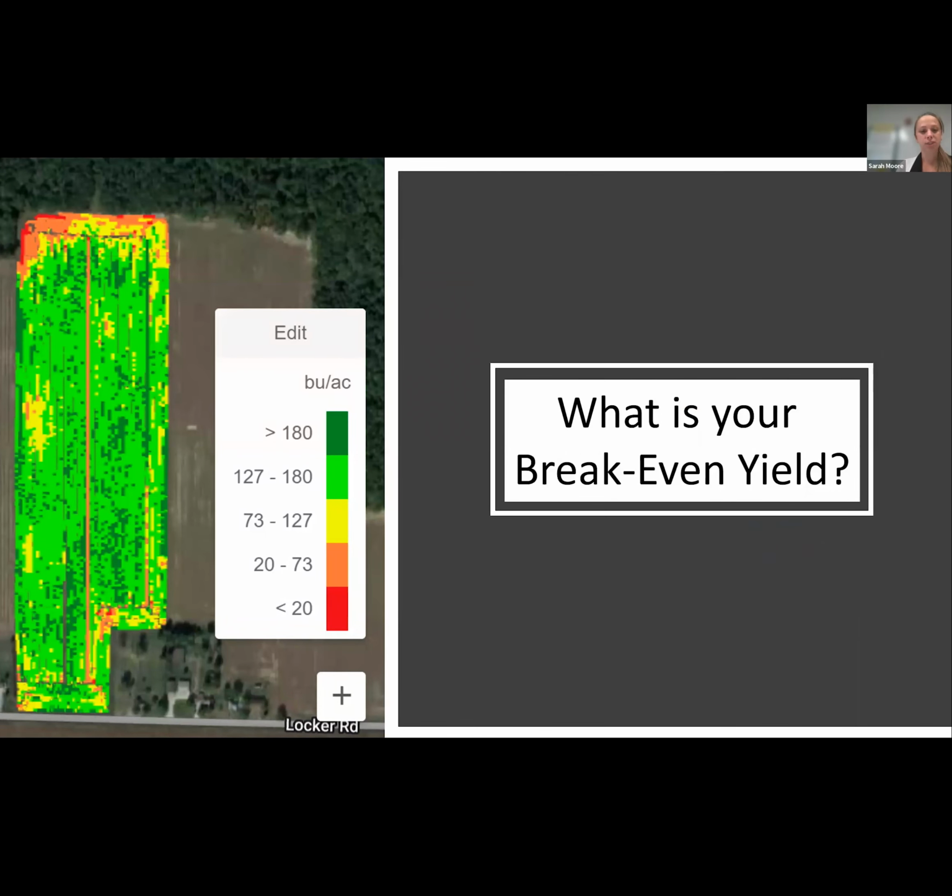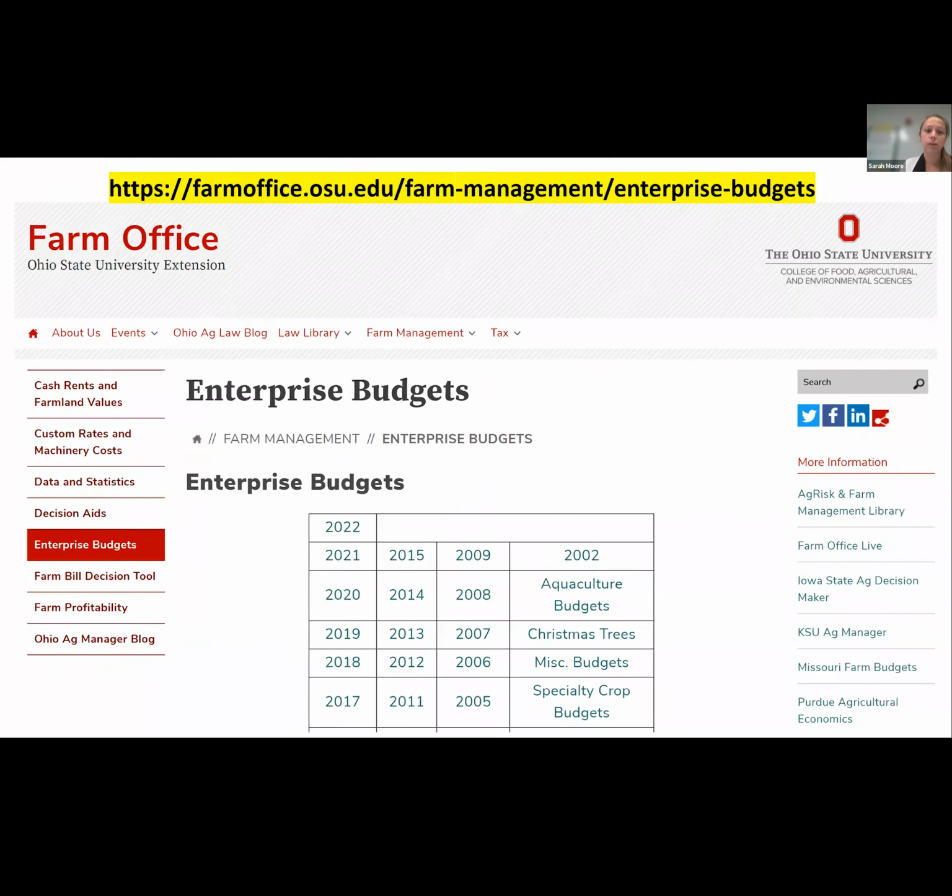So when we're first getting started, if you have any sort of yield data, you can get this really pretty red-green map. But the red and green doesn't mean anything if we don't know what the break-even yield is. By break-even yield, I mean, what are the bushels per acre that we need to make in order to cover all of our input costs? To figure this out, we need to look at our economics.